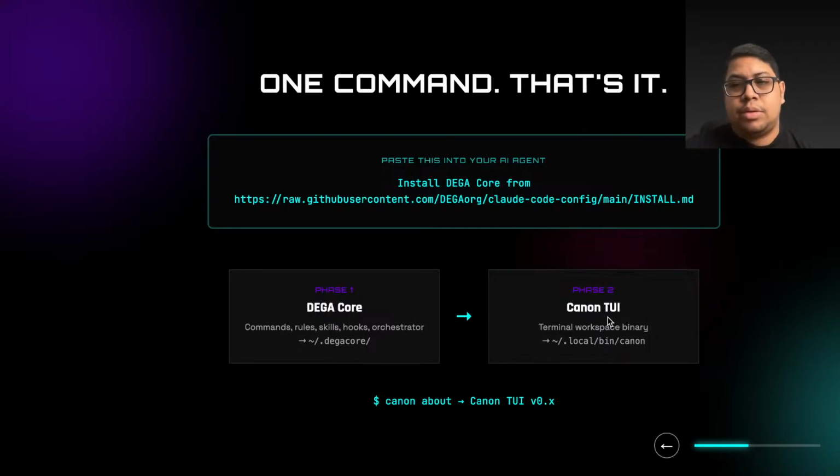And phase two is going to install the Canon tool, right? So DEGA core does include the Canon logic, the Canon skills, the Canon conductor agent, and then phase two is the terminal user interface, which is what we were able to see on our first workshop, right? All right, so let's go back to the installation.